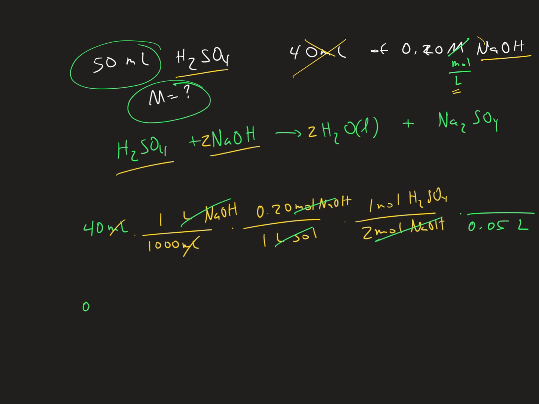So we can just convert this 50 milliliters, 1,000 milliliters to 1 liter, and that gives us the 0.05 liters. So now we divide by 0.05 liters, and now we have moles over liters. That's what we're looking for. We have the right substance. That's it.